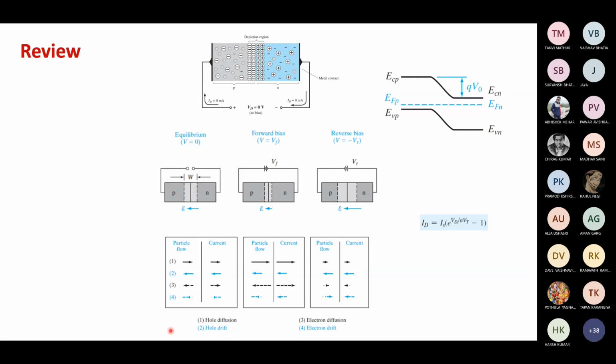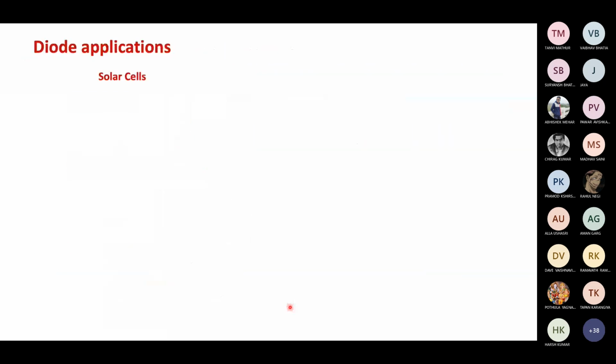And the LED essentially uses the diffusion of carriers. So LED in a way is a majority carrier device, and the solar cell uses minority carriers for its operation. That's the essential difference between the two, and that is the reason. Let's have a quick look at how they actually work.